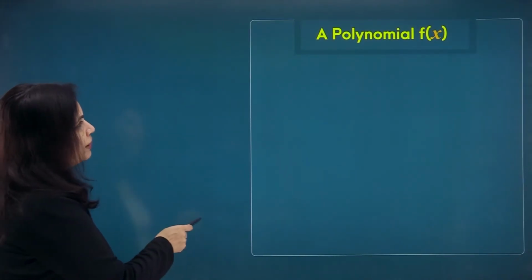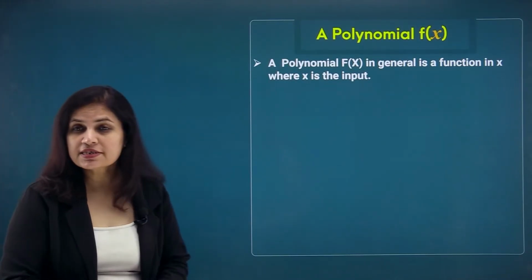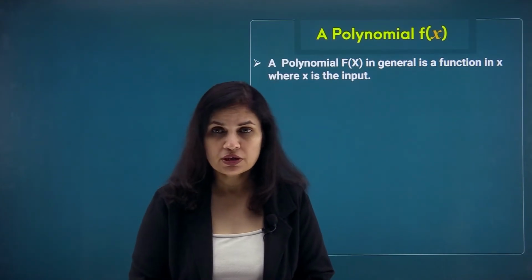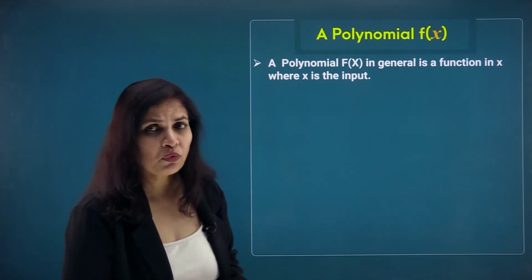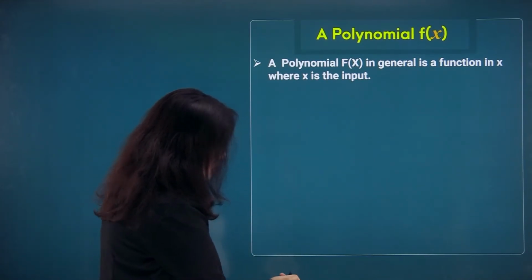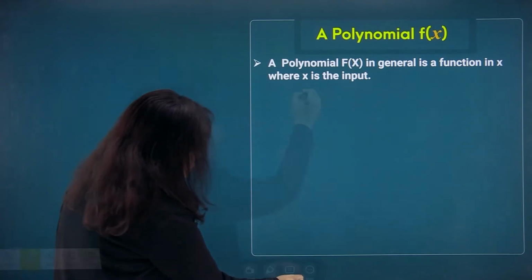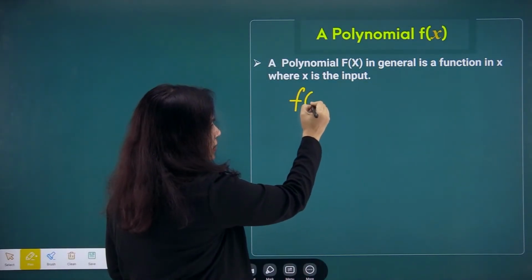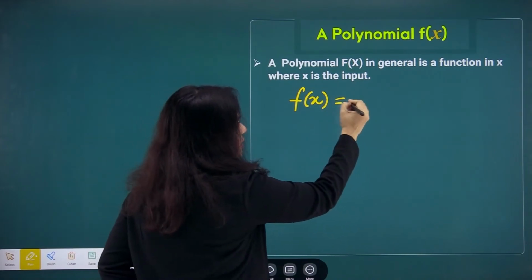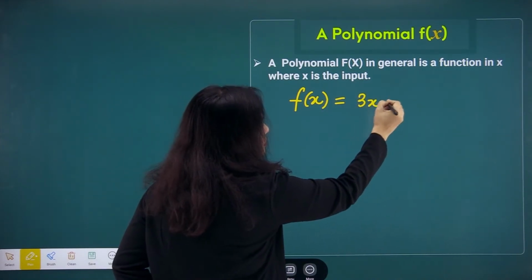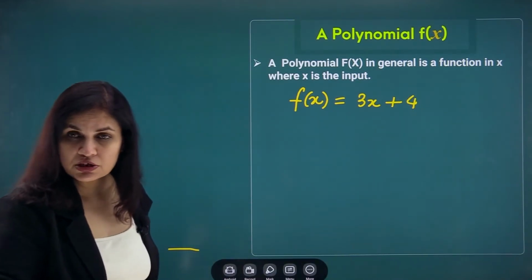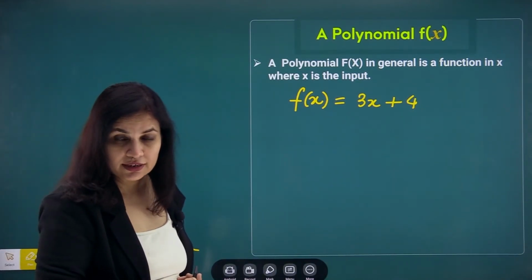A polynomial f(x) in general is defined as a function in x where x is the input. Let me explain the meaning of a function. When I am saying that x is an input in an expression, suppose the function in x is defined as 3x plus 4. Now, 3x plus 4 is an expression, but how did we get that expression?